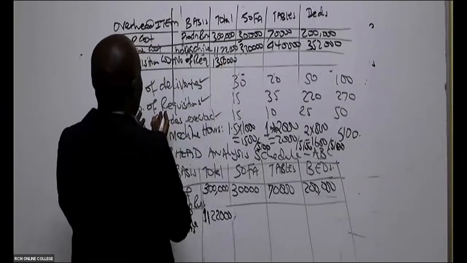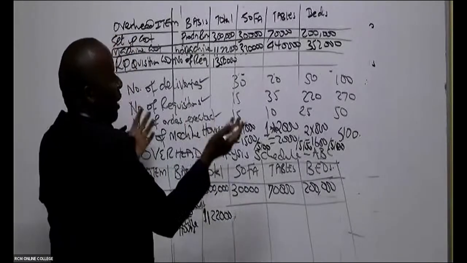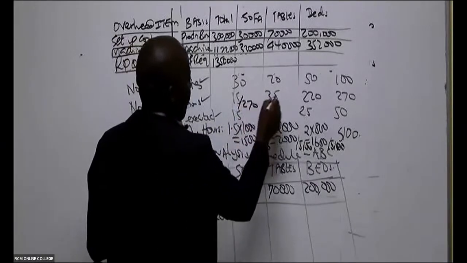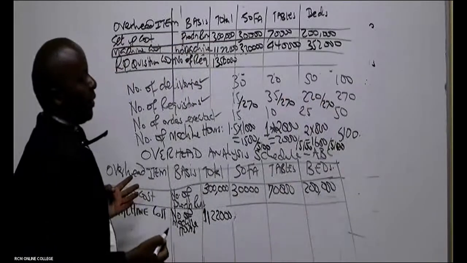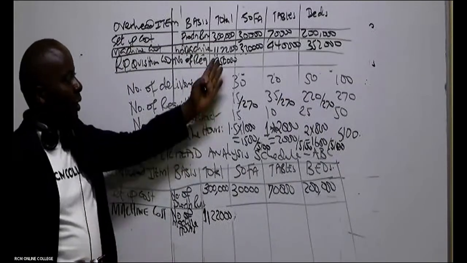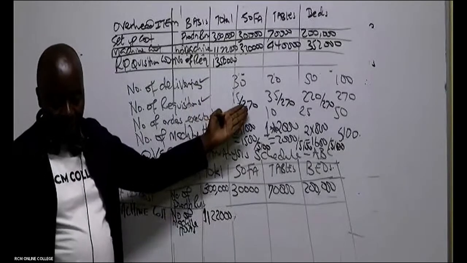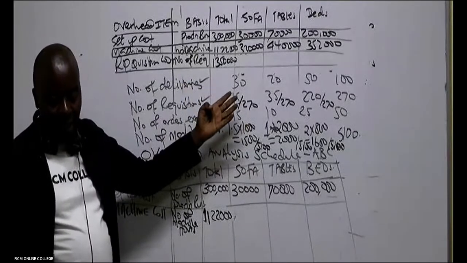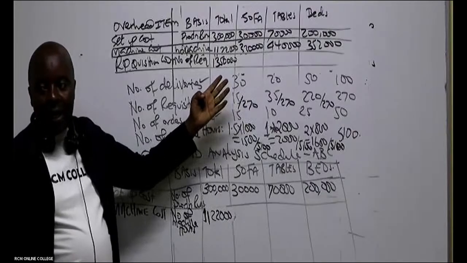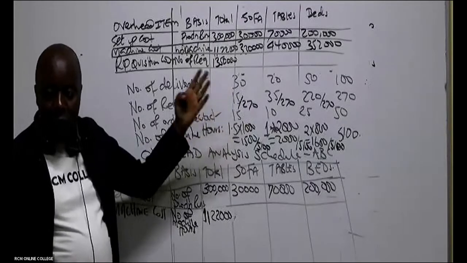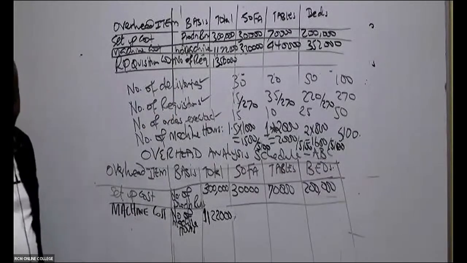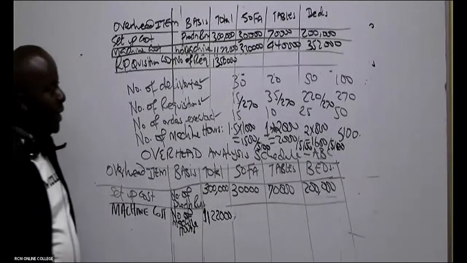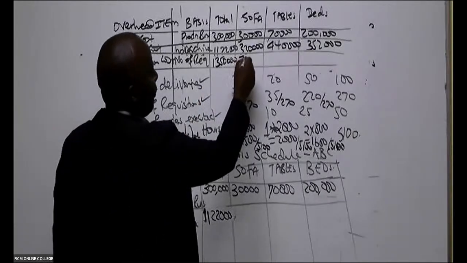Do we have this criteria number? They are here. And I already have the total. So 15 over 270, 35 over 270, and so on. So for sofa set it will be this times 15 over 270. Cynthia already has an answer. 75,000.